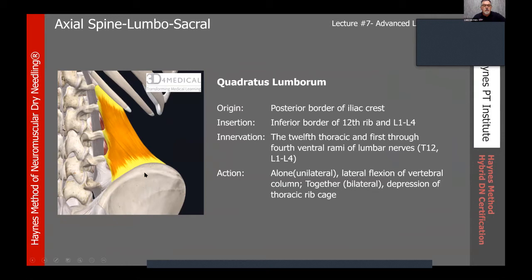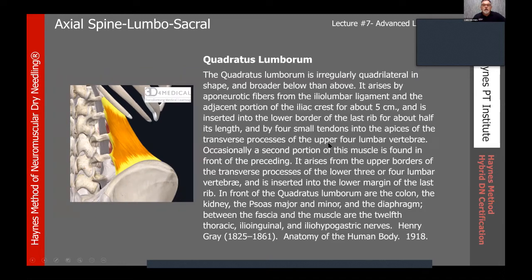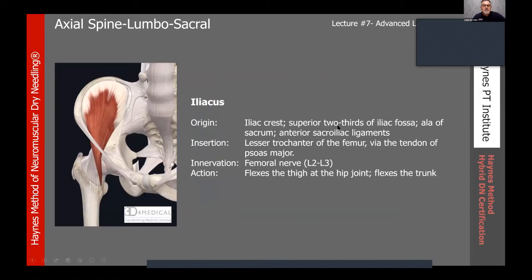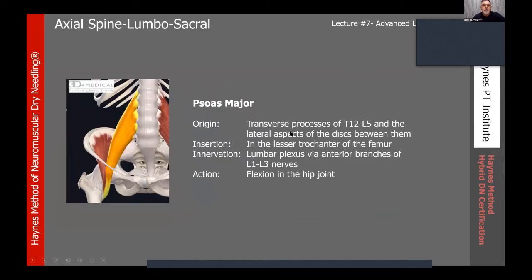QL is frequently cited as a hopeful location of some lateral pain in the spine and away from midline, and sometimes it is, sometimes it's not, but we want to be able to effectively treat that to rule it out as an issue. But we will look at the specifics of QL as well as iliacus momentarily, and also psoas.